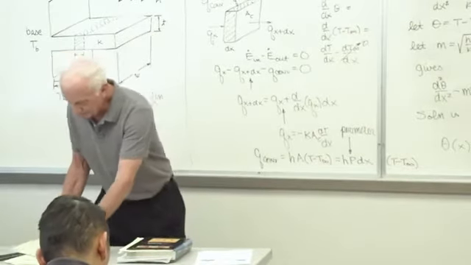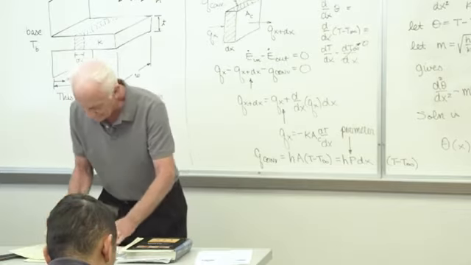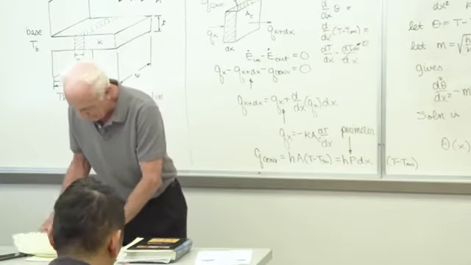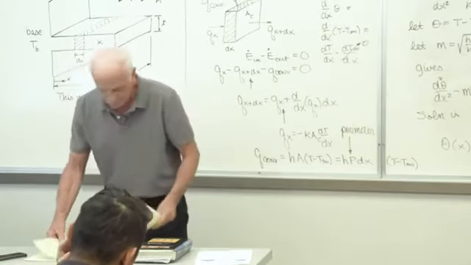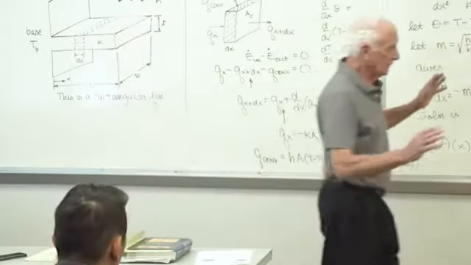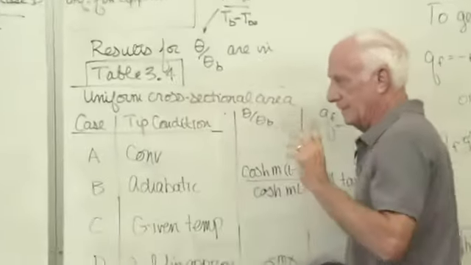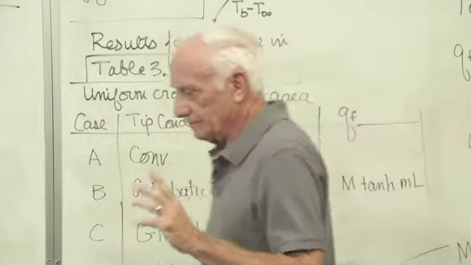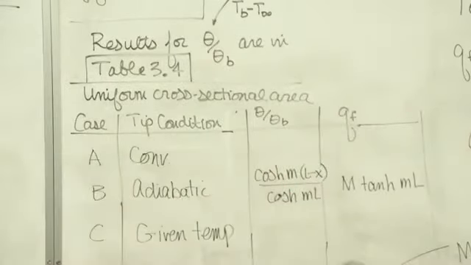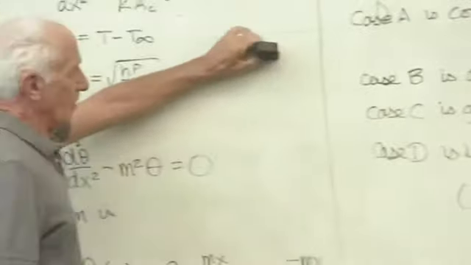Let me mention one other thing. You've got to be careful. Table 3-4 is only good for uniform cross-sectional areas. Here's what that means. Here's the fin coming out of the wall.